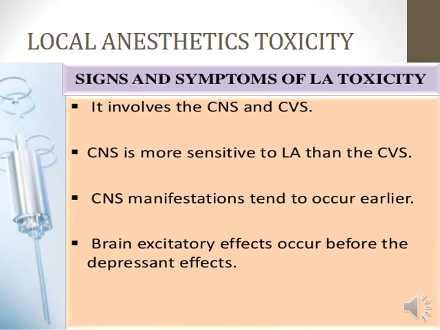The brain first goes into the excitatory stage, and after that the depressant effect starts. Careful watch should be kept on the patient while injecting the local anesthetics, as CNS effects and cardiovascular effects can occur if toxicity of the drug occurs. So this was about the signs and symptoms of local anesthetic toxicity.